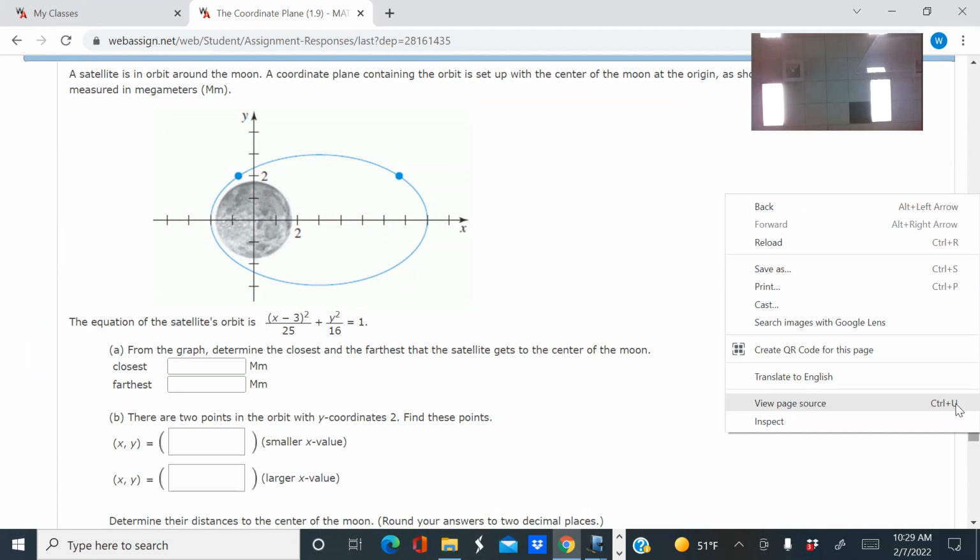That orbit looks like an ellipse. Something is orbiting around the moon, a satellite, and indeed, that orbit will be elliptical. So we talked about that, right? When objects are orbiting other objects in our universe, the orbits are elliptical. So we have an elliptical orbit here, and there's the equation for it.